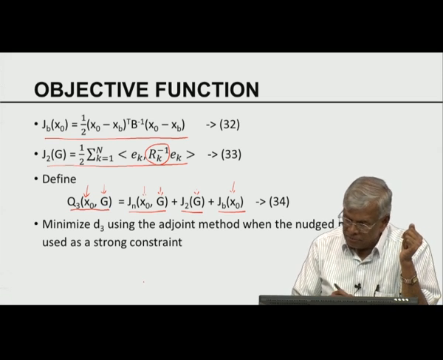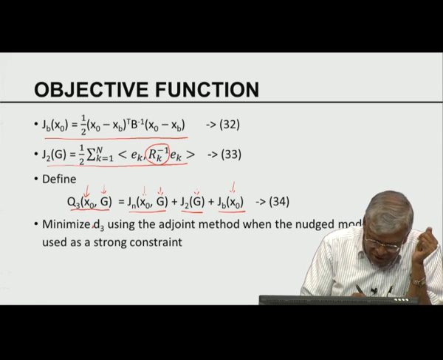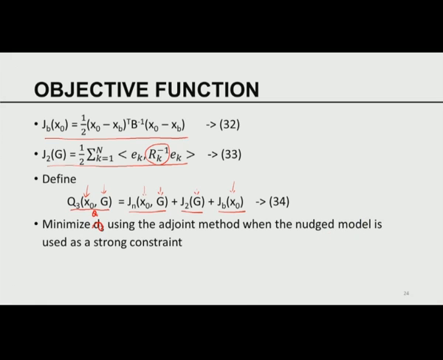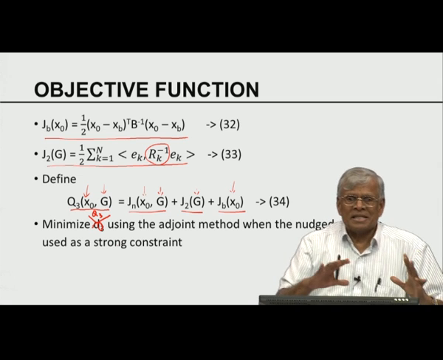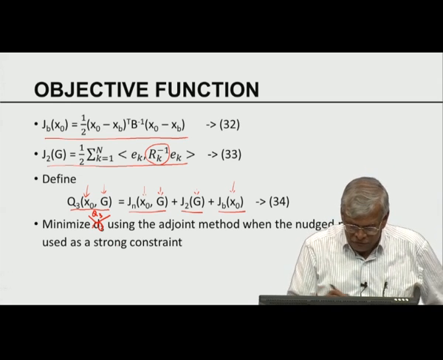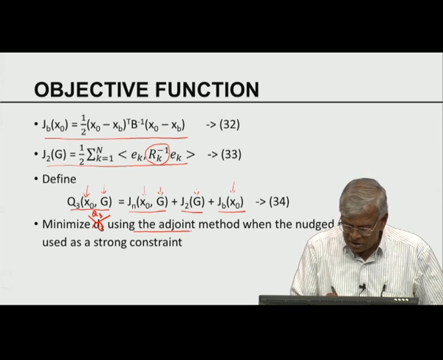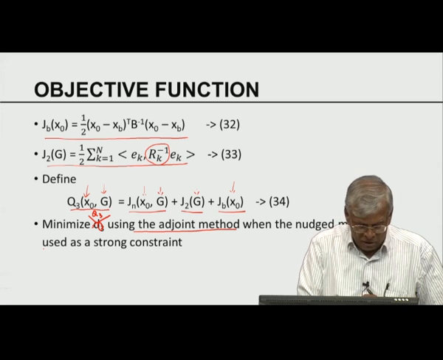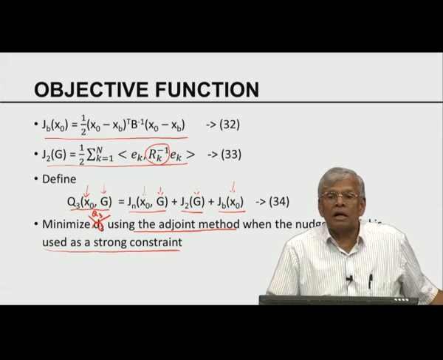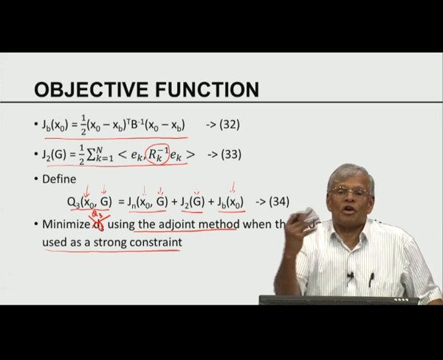So our objective is to minimize Q3 using the adjoint method when the nudging model is used as a strong constraint. Now look at this again. They concoct a Kalman-like scheme, but they want to be able to find the initial condition and the optimal g by methods similar to the adjoint method, using the nudged model as a strong constraint.